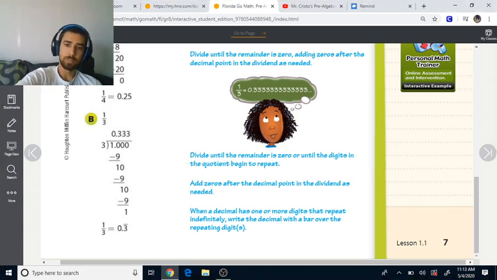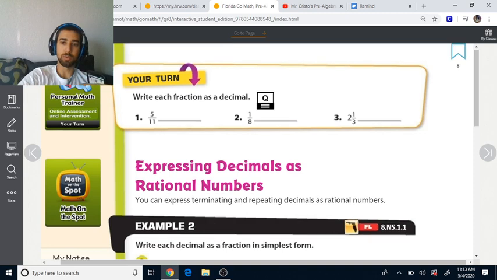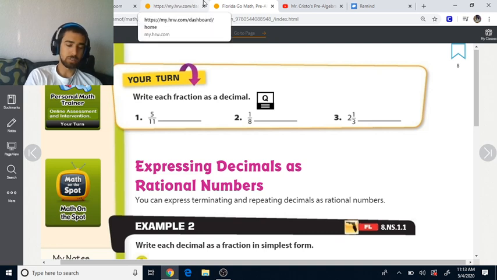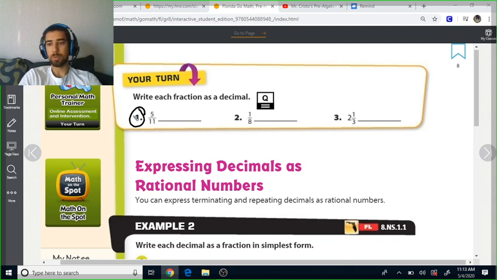Okay, so I'm going to give you guys this to do by yourselves. If you use a calculator, you're just hurting yourself. Because remember, on my test, you're going to be on Zoom, so there's no point in even trying it. Do number 1 really quick. Tell me what you get when you turn number 1, 5 over 11, into a decimal.